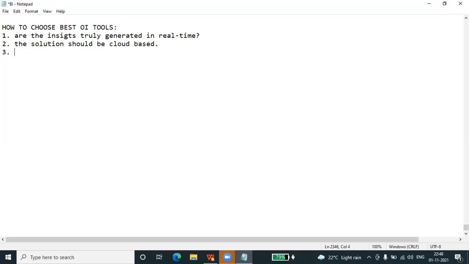Is the solution useful by line of business professionals, not just data scientists? The operational intelligence tool has a much greater chance of success if it's widely adoptable across the organization.